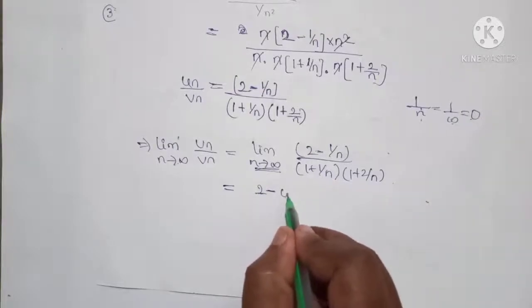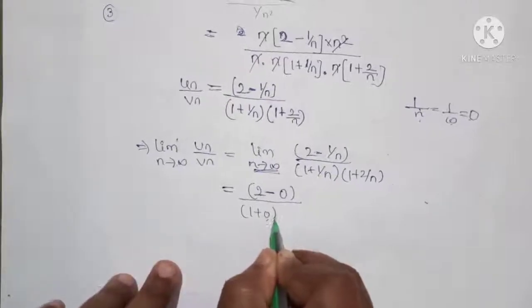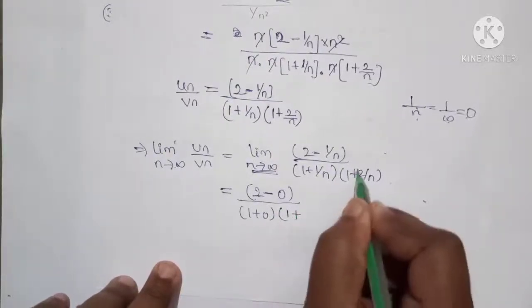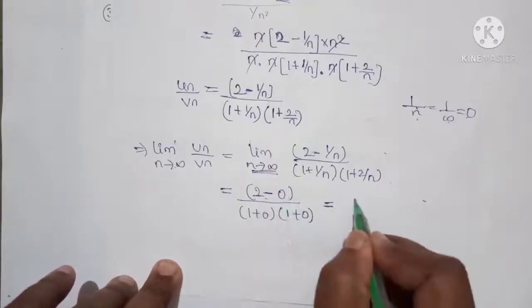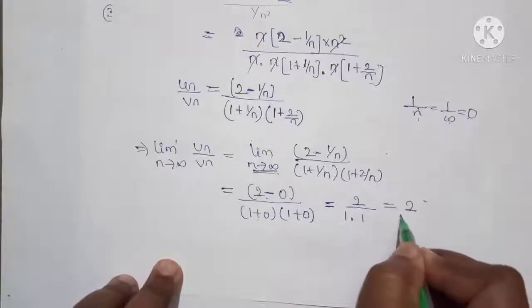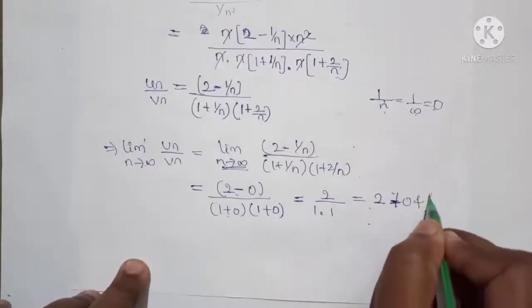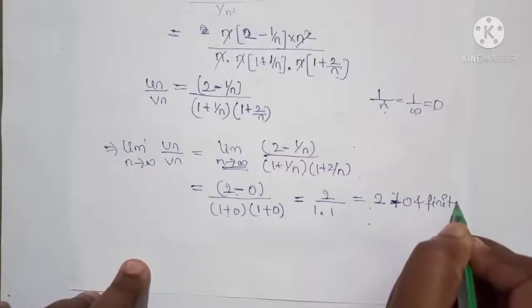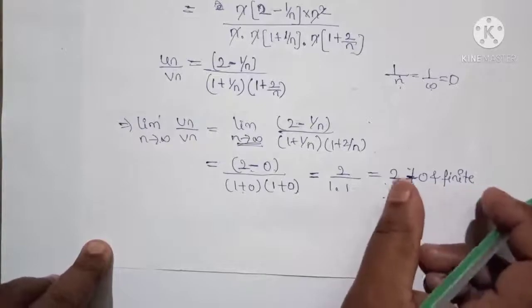Therefore we directly substitute 2 minus 0, 1 plus 0, 1 plus 2 by n is also 0. So 2 minus 0 equals 2, 1 into 1, which is 2 by 1 equals 2. Again this is not equal to 0 and is a finite quantity. So now we got limit un by vn is non-zero and finite.